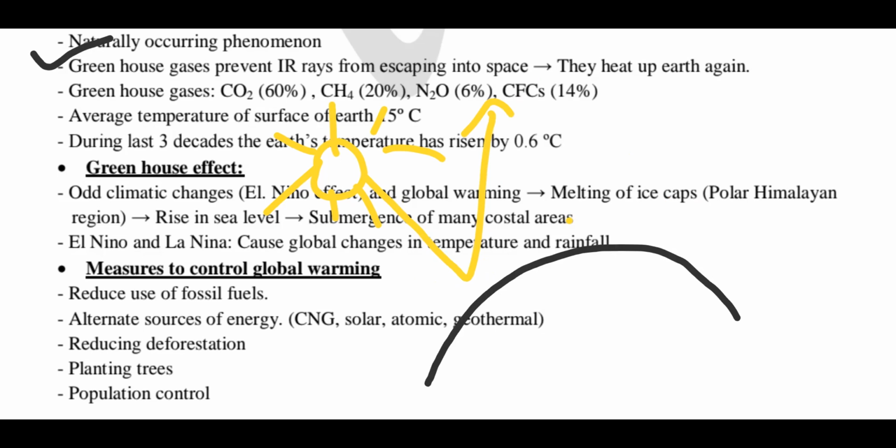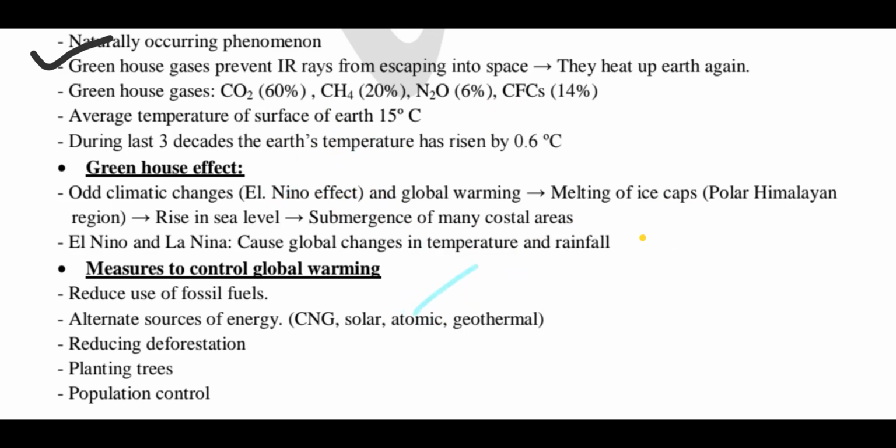Another 1/4 of the radiation is absorbed by the atmospheric gases. So only 50% of the radiation reaches the earth and heats it up.